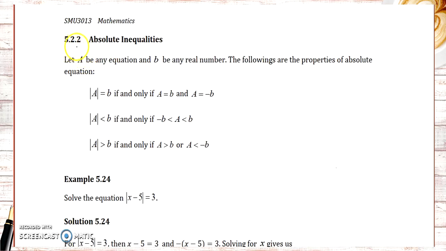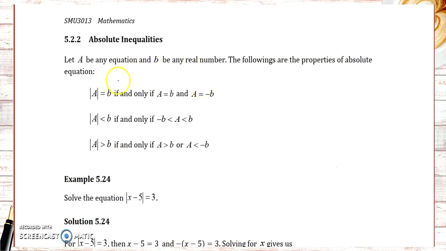Section 5.2.2 Absolute Inequalities. Let A be any equation and B be any real number. The following are the properties of absolute equations. For the modulus of A equals b, if and only if A equals b and A equals negative b.